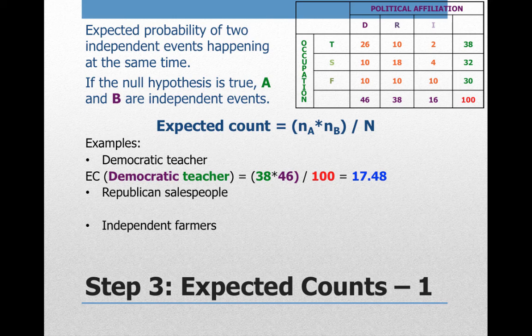So why don't you go ahead, pause the video, and work through these other 2 examples. Go ahead and try to find the expected counts of Republican salespeople and the expected count of independent farmers. When you've got your answers, go ahead and unpause this video.